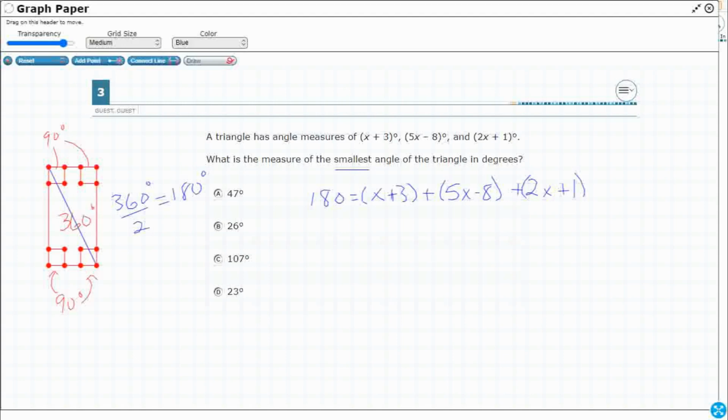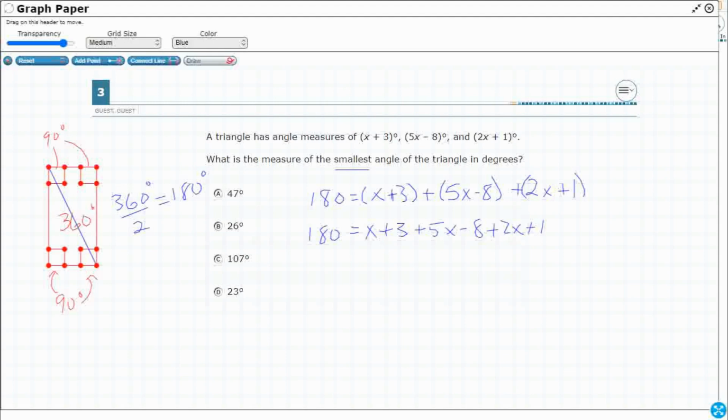So let's see. Since we're not multiplying or distributing anything, we can just drop all the parentheses. x plus 3 plus 5x minus 8 plus 2x plus 1. You just need the parentheses if you have something other than addition or subtraction. But since they're all addition and subtraction, they're all equal in the eyes of PEMDAS.